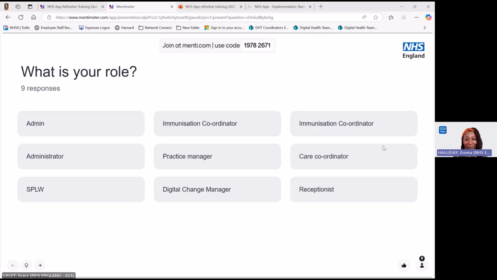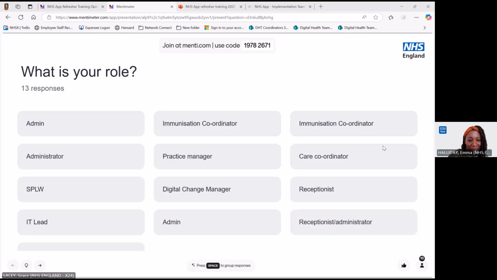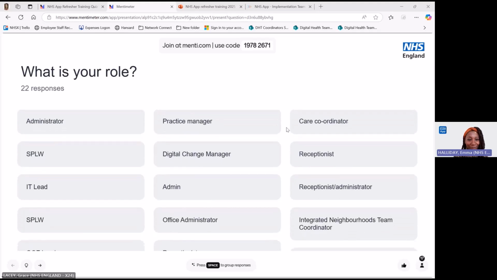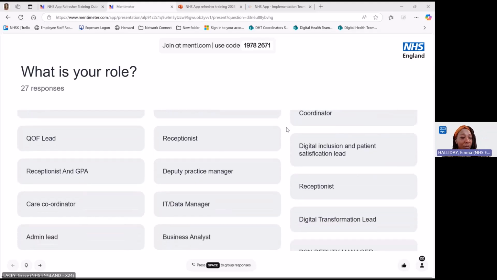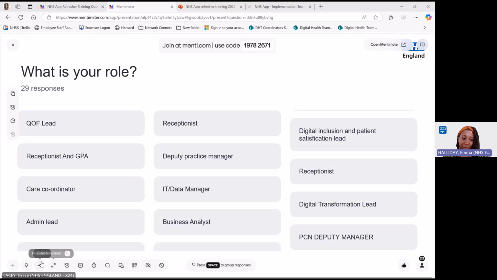They're all coming through now. Care coordinator. I don't know what SPLW is. If you can type that again, that'd be really fantastic. Digital change manager, receptionist, IT lead, admin, brilliant. So there is a variety of roles there. Oh, fantastic. They're all coming through now. Brilliant.